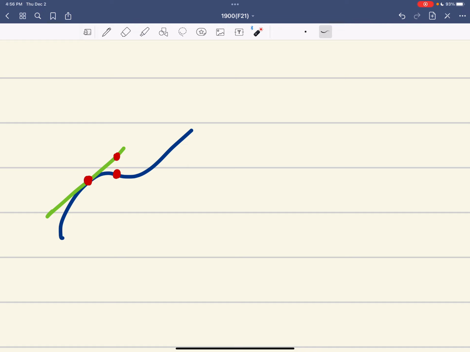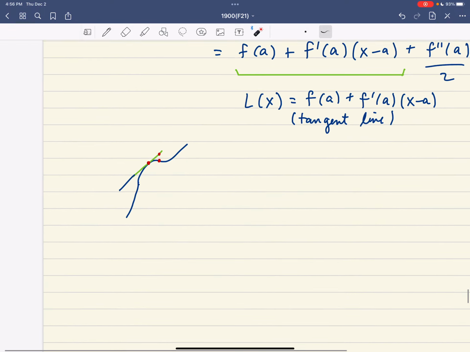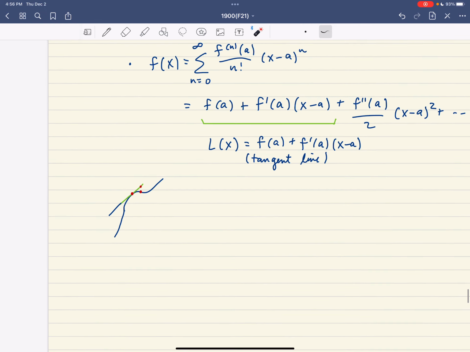Okay, so maybe the function dips like this, and the tangent line is going to go like that. And so maybe away from this point here, there's quite a difference between these two. But locally, near where you have a tangent line, the function and the tangent line are approximately equal to each other. That was the main idea in section 2.9.